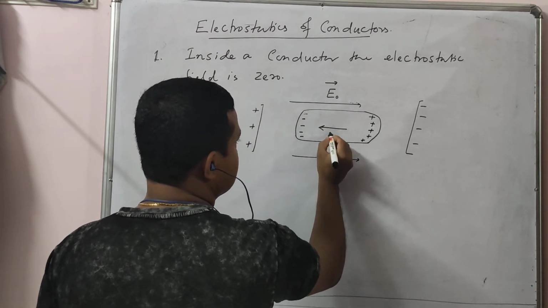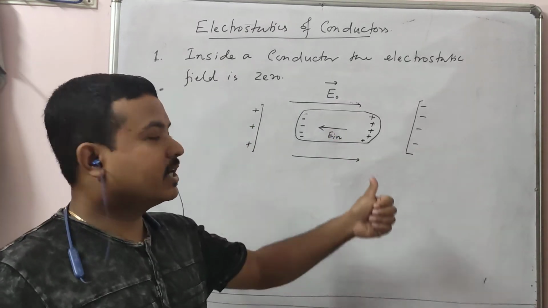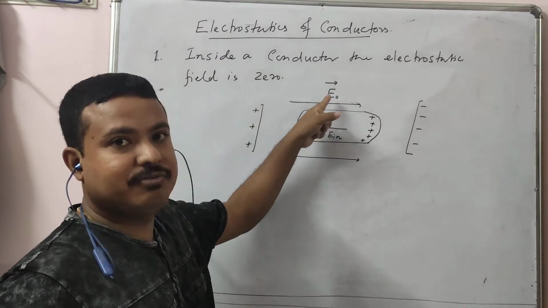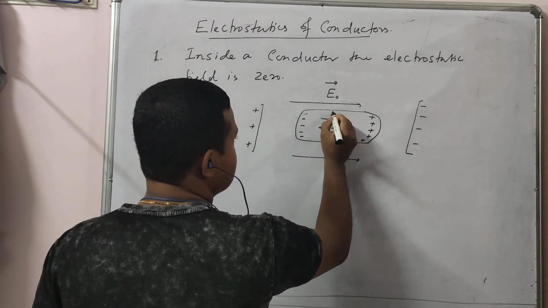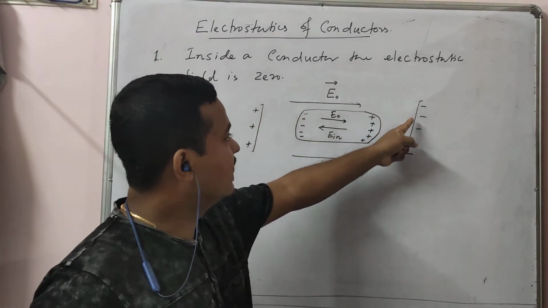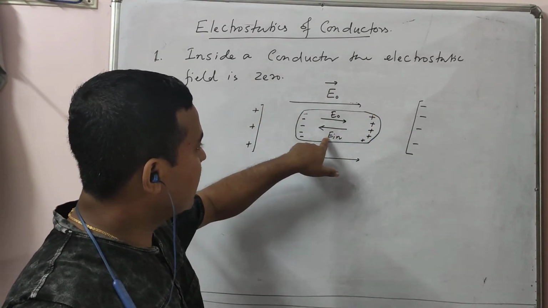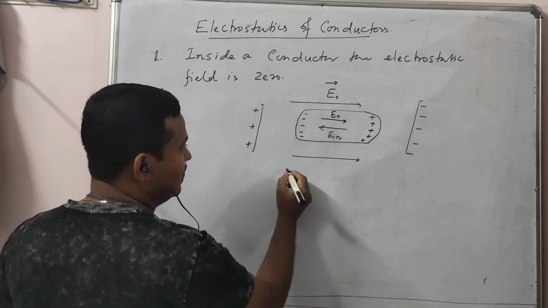Induced electric field, E induced, is in a direction opposite to the applied field. This is the applied field, direction from positive to negative, and this is the induced field, opposite in direction. So what will be the net field?